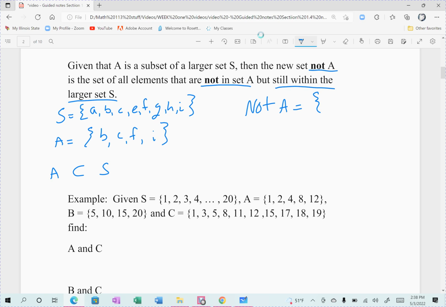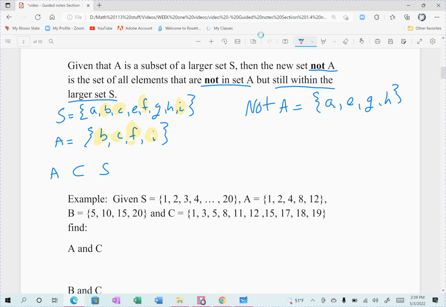If you wanted to, you could go through and highlight the ones I don't want from S. A has B, so I don't want B. A has C, I don't want C. A has F, I don't want F. And A has I, I don't want I, because those show up in A. So all of the letters that are not highlighted are the letters from set S that are not in set A. And so we pick A, E, G, and H. Those are all of the letters that are not in A, but still a part of my larger set.